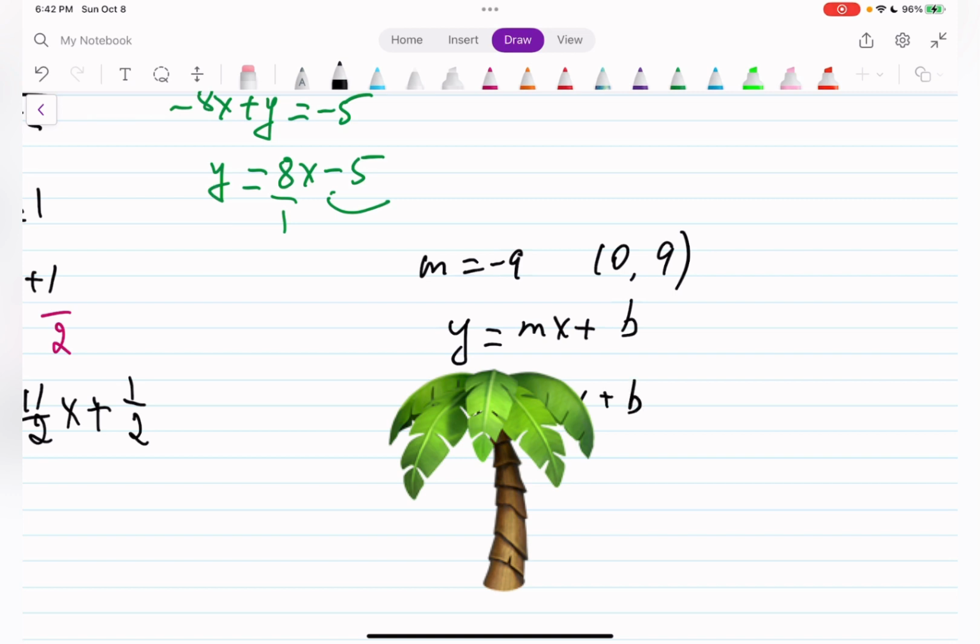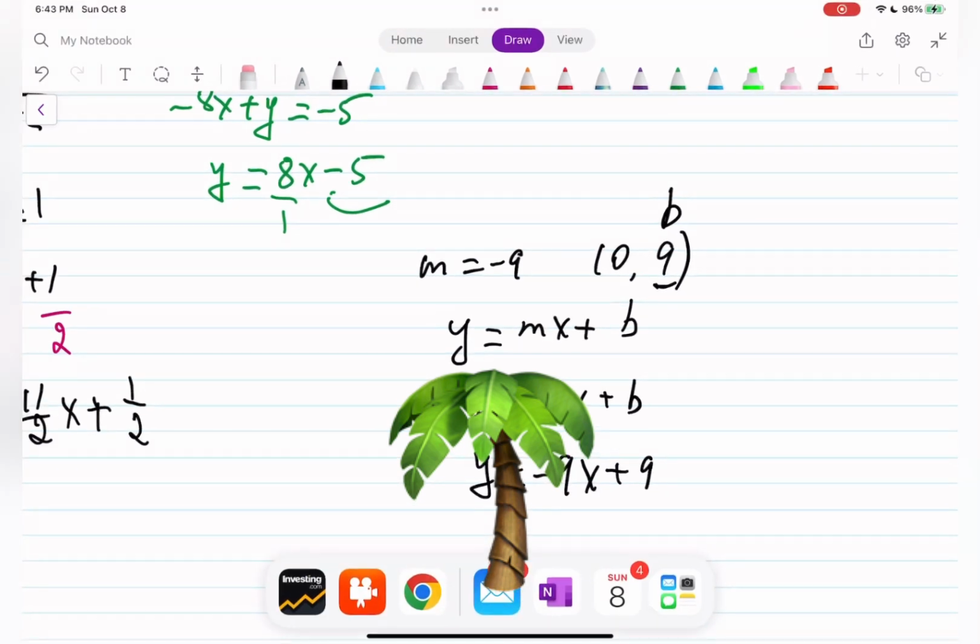And then we have intercept 9, right? So that's my b, correct? So y is equal negative 9x plus 9, correct? Okay, so then that is going to be our answer, negative 9x plus 9.